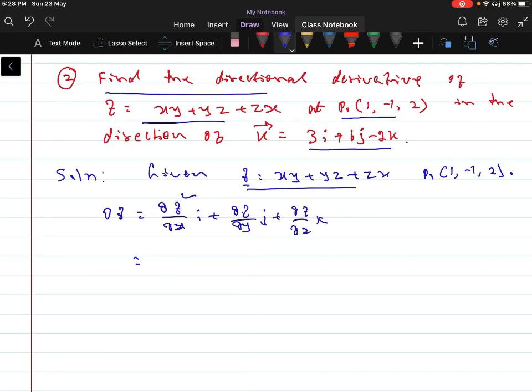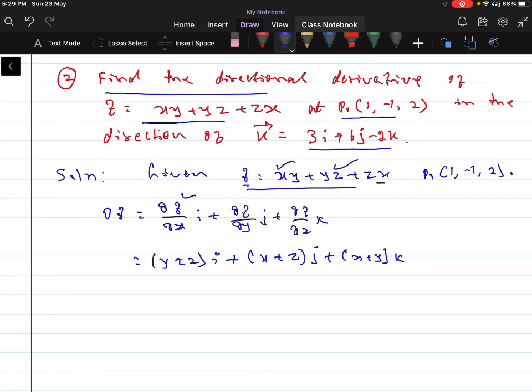So x differentiation, that is 1 into y. Here y, but here you have x, then y plus z into i cap. With respect to y, if we differentiate, x plus z into j cap. With respect to z, if we differentiate, we have x plus y into k cap.